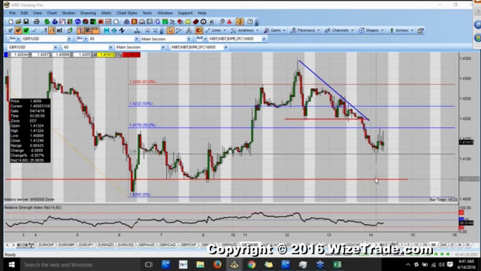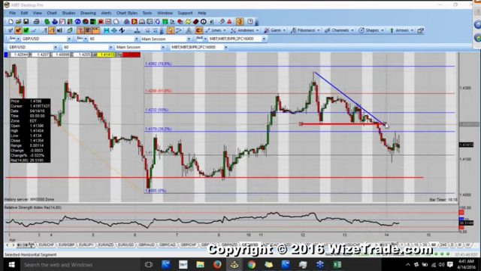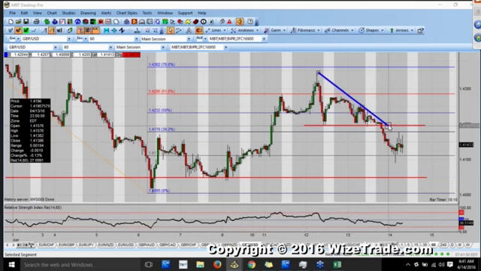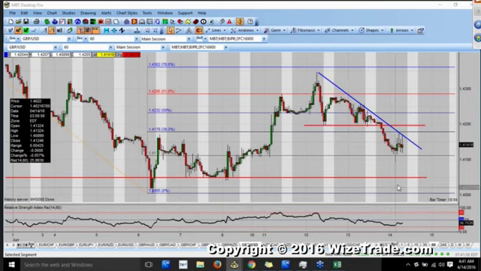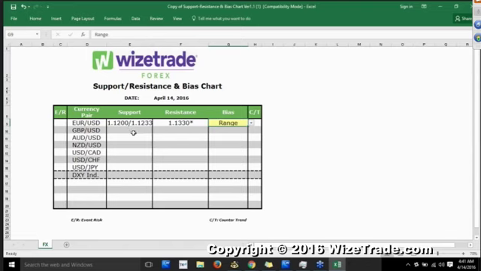Anyway, any move back up to 142, you're going to find sellers, because now that's the breakdown point. People are going, okay, if we can just get back up there, I'll be happy to get out of my longs. That's what anybody who's long is probably thinking at this point. So 142 and 140.50, and unless you're going to try to fade one of those two areas, you just leave it alone.